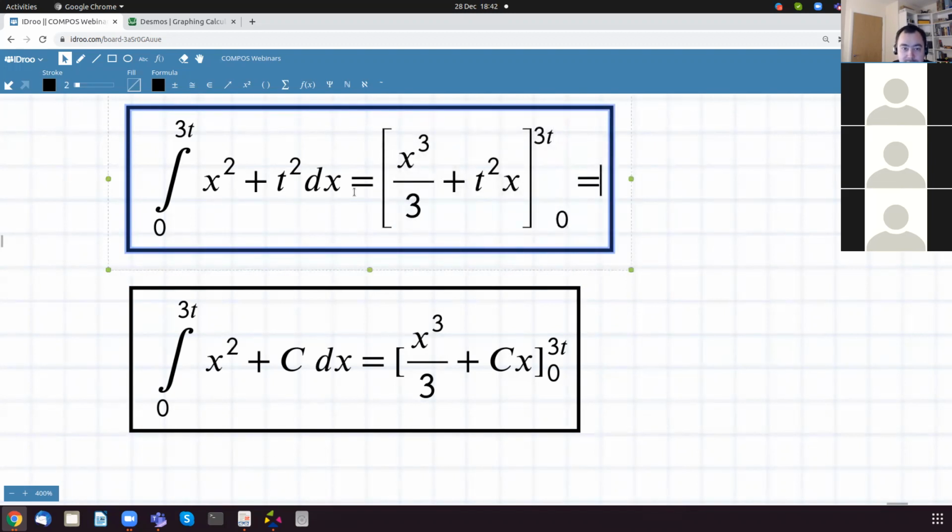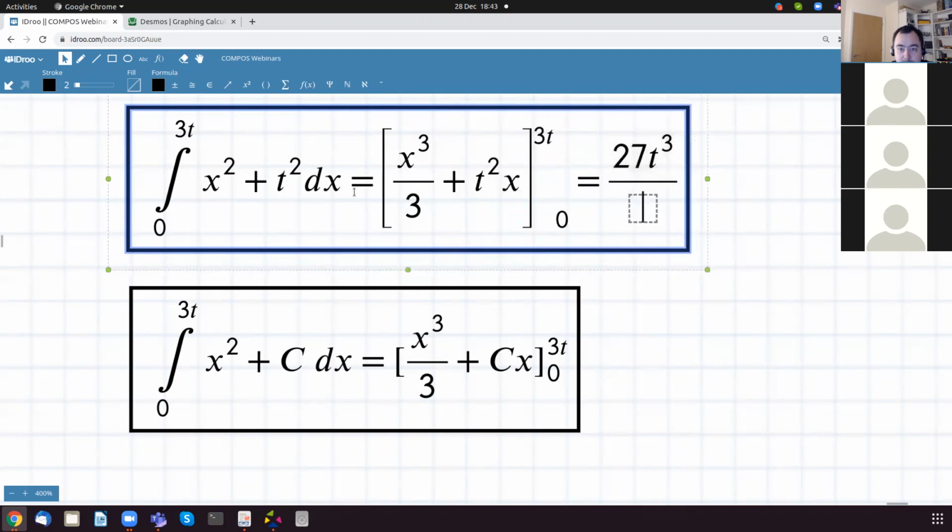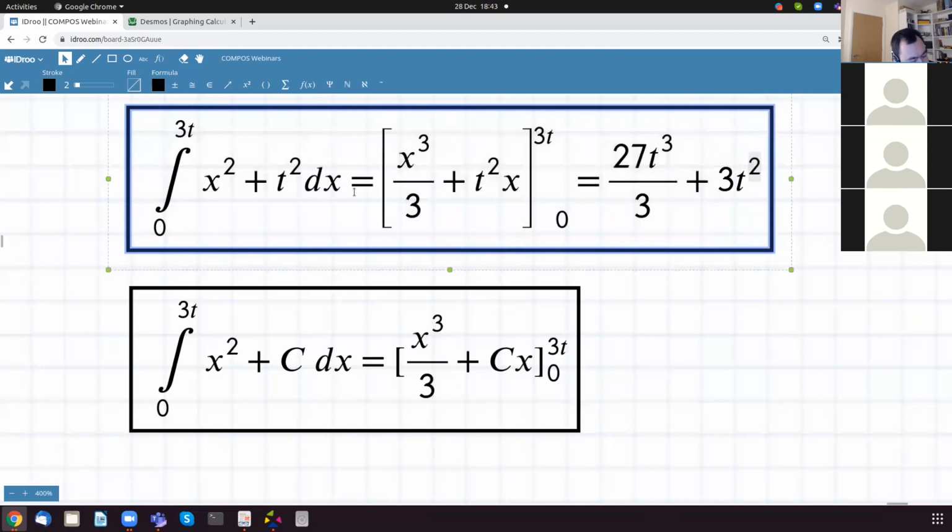And that is, we plug in 3t instead of x. So it's going to be 27t cubed over 3 plus t squared times 3t. So it's 3t cubed, sorry.